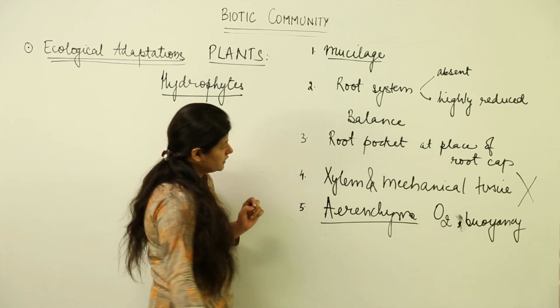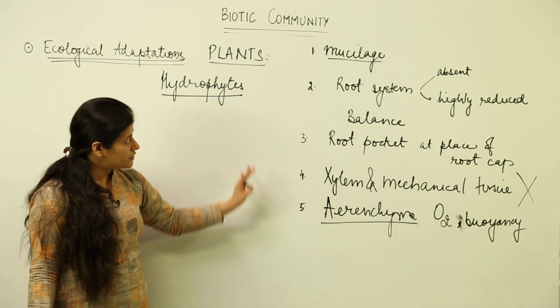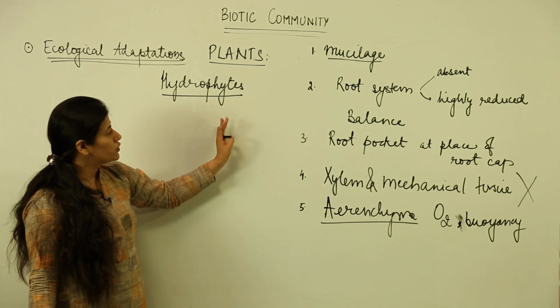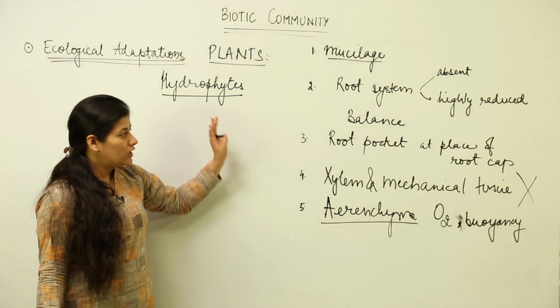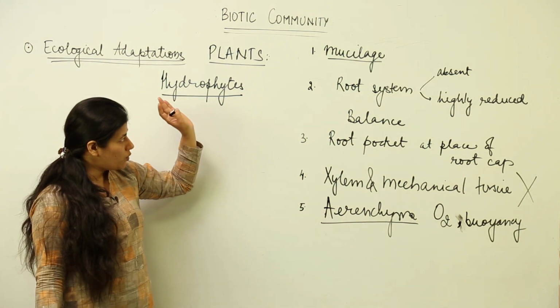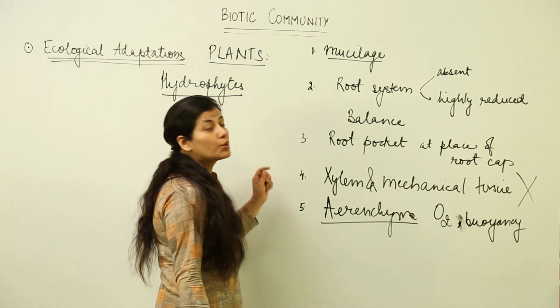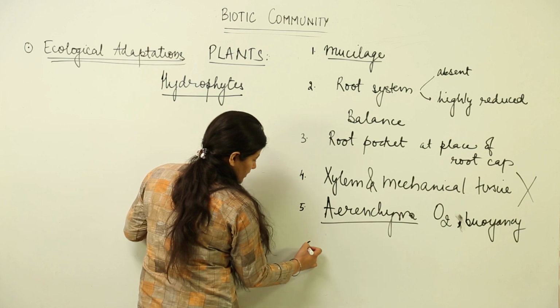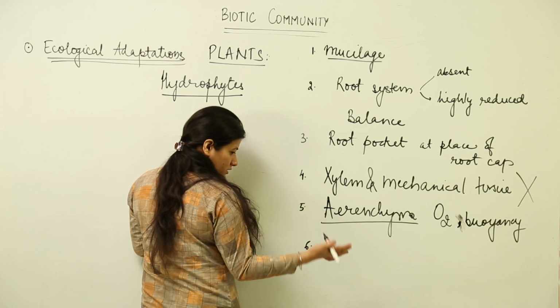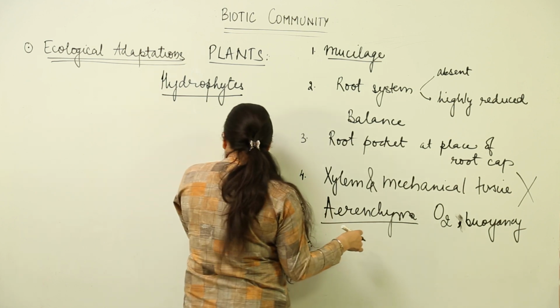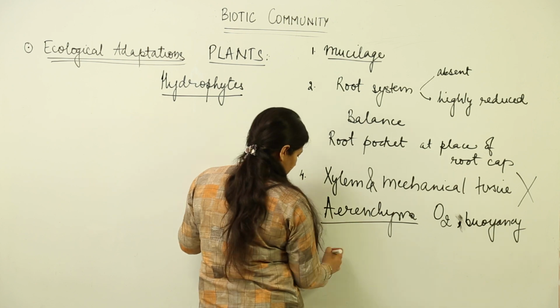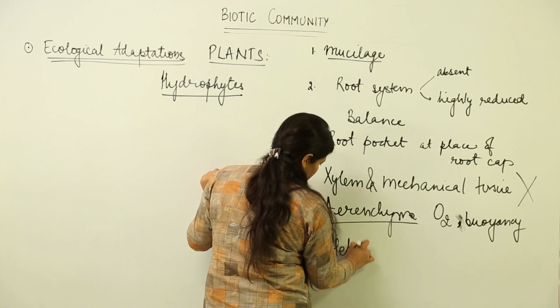And these are the various adaptations which the plant shows in terms of the aquatic environment. Last one is that in the case of free floating plants, supposedly their leaves are submerged and they are having certain leaves which are free floating.